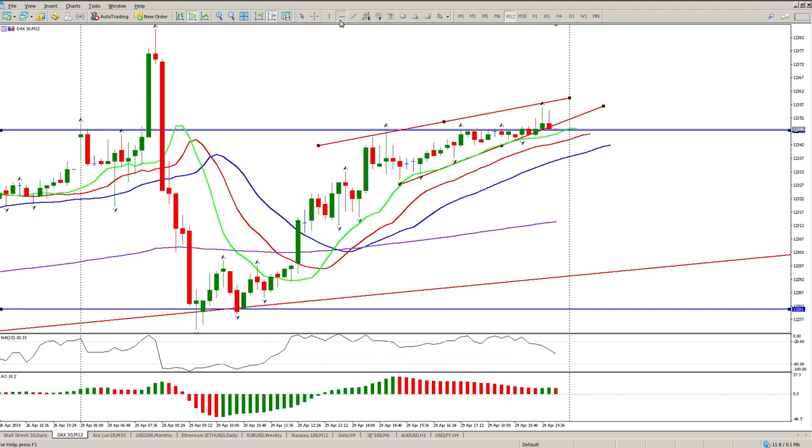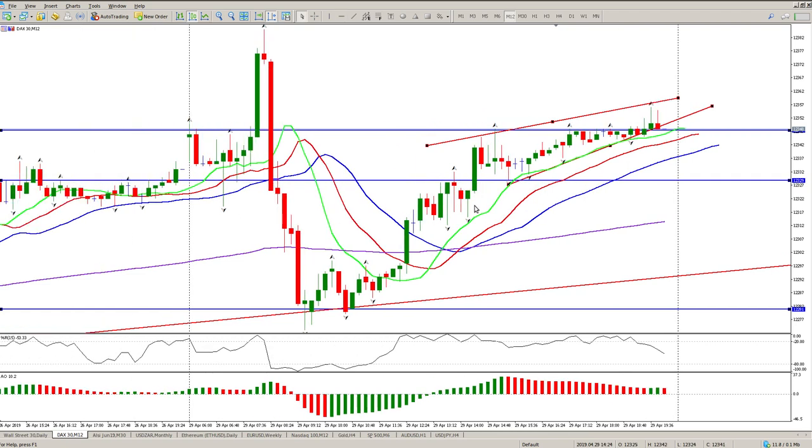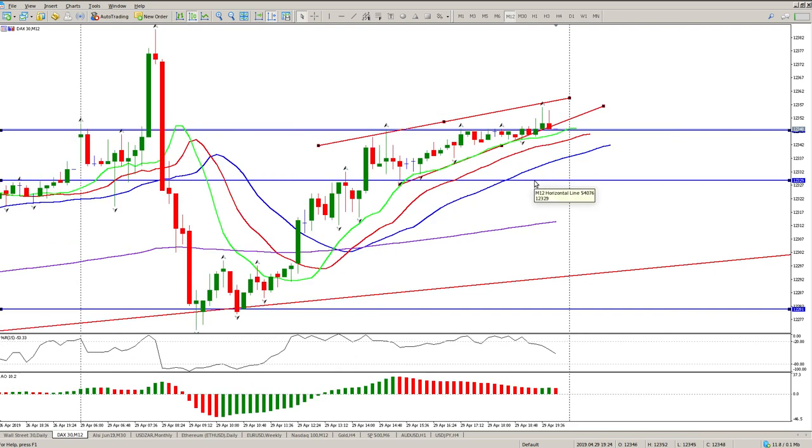Okay, just bear in mind that this wedge target is pretty much this previous breakout here. Okay, so the wedge target is 12,330. So that's what I'm looking for at the moment.